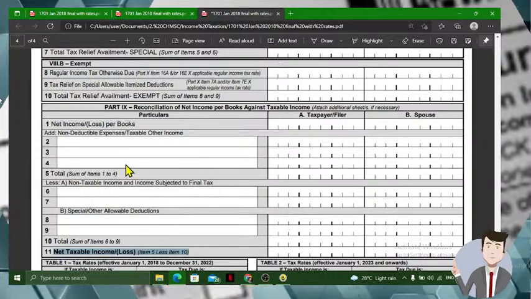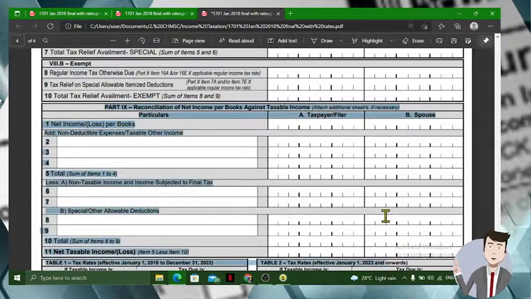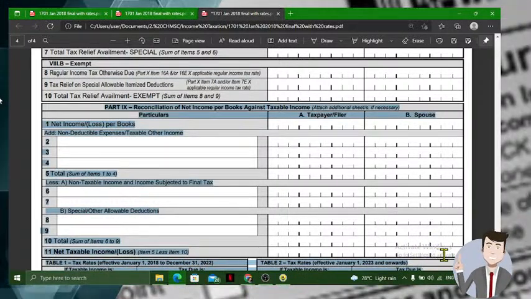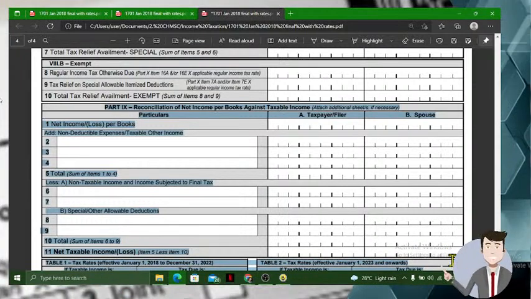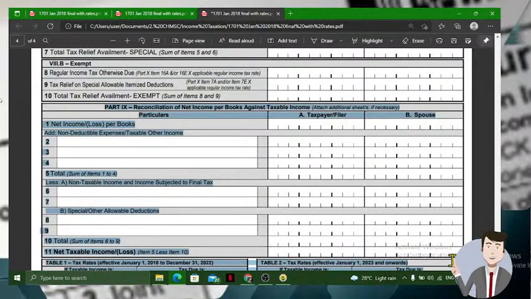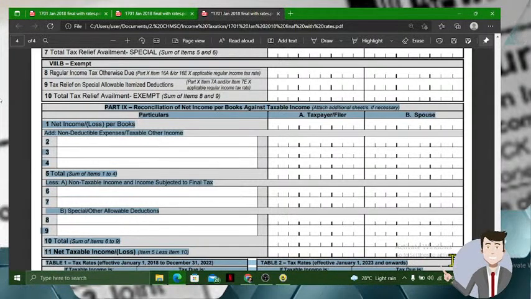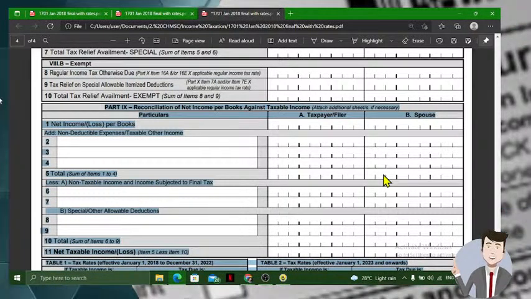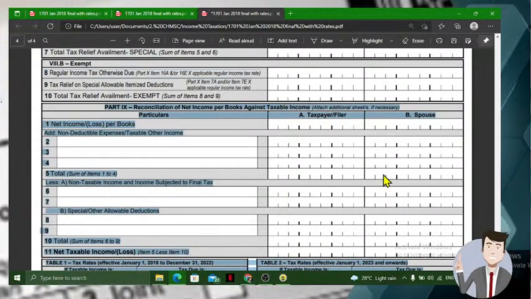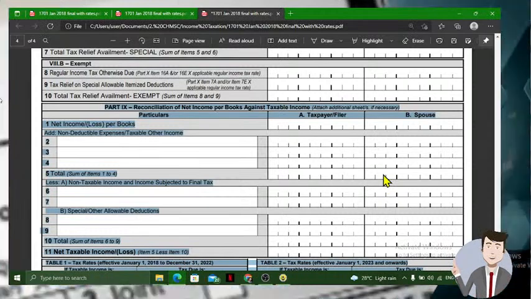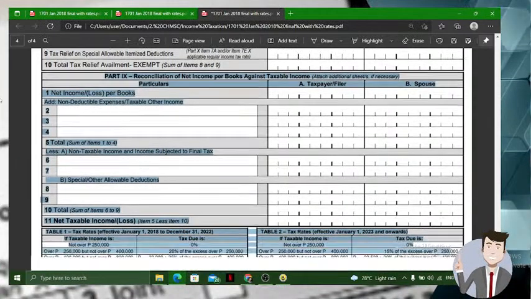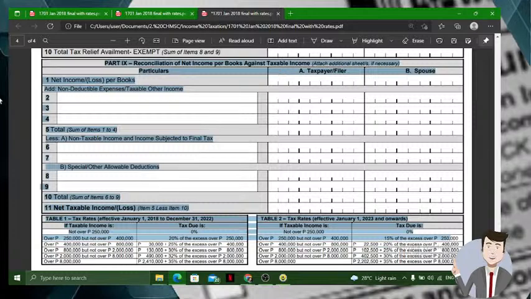So this portion is for the reconciliation of the amounts declared under the accounting standards, or under your income statement or statement of financial performance, versus what is allowed or taxable under tax laws and what expenses are considered allowable deductions under tax laws. So the difference should be presented in this portion of the income tax return.